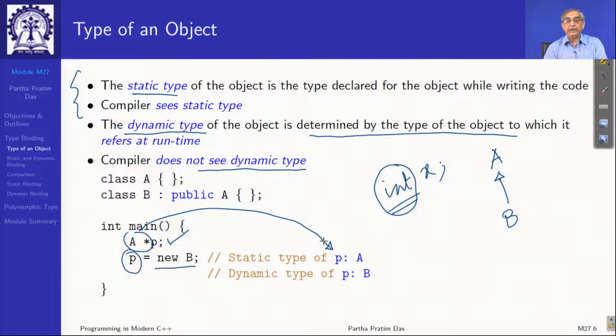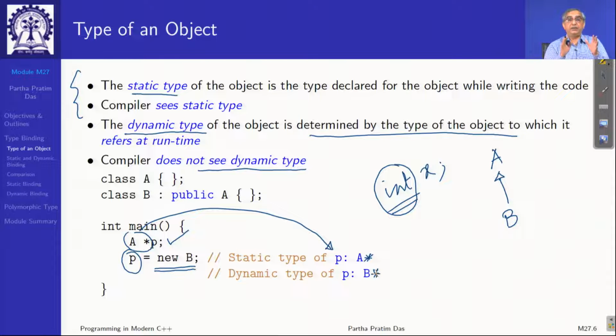So, the static type of P is A star, that is, the compiler knows that P will point to an A type object, but on the hierarchy I have allowed an upcast, and actually what it points to is a B type object. So, the dynamic type of P is B star, the runtime type is B star.